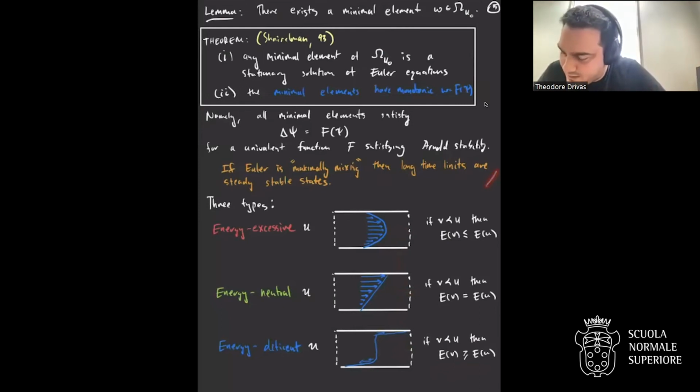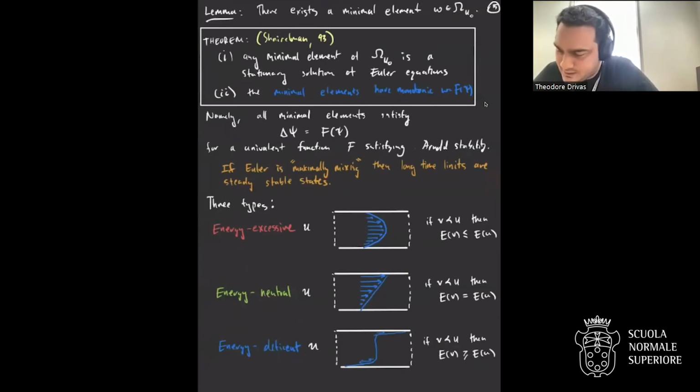So in a way, this theory is saying that if Euler is maximally mixing in any sense, doesn't matter what measure, entropy or otherwise you use to quantify it, if it's maximally mixing, this theory predicts that the long time limits are steady states or close to some set of steady states satisfying an equation like this. Again, let me just remark that this is not really observed to be true. So there's some gap between this prediction and what we observe.